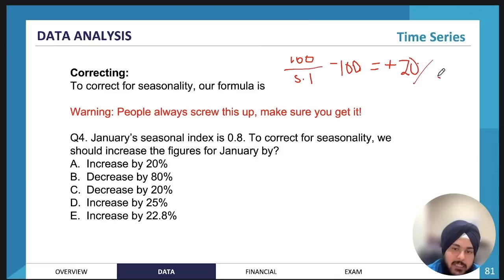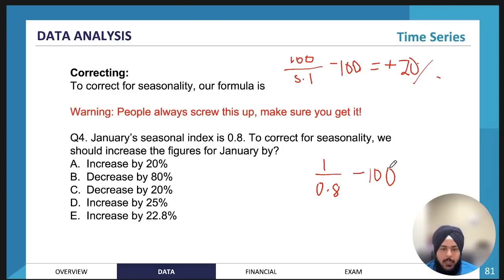So it's not the same as interpreting the seasonal index. It's going to be a little bit different. For example, if we had a seasonal index of 0.8, it's not simply decreasing by 20%. I'm just going to quickly do it on my CAS. Sorry, I used the wrong value.